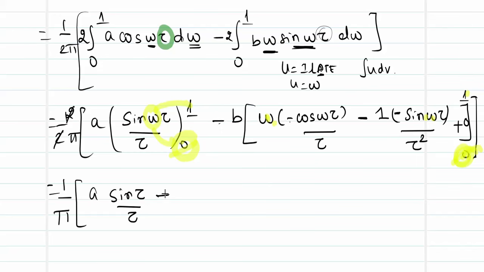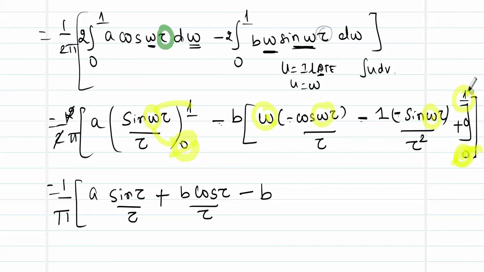Minus into minus will become plus. Omega is being substituted for the upper limit 1. So over here also omega takes the upper limit 1. So I have it as b cos tau divided by tau. So this is my second term. Now getting back to the third term, 1, 2, 3. 3 negative signs, so it becomes negative sign. B times, now again, which takes the upper limit?